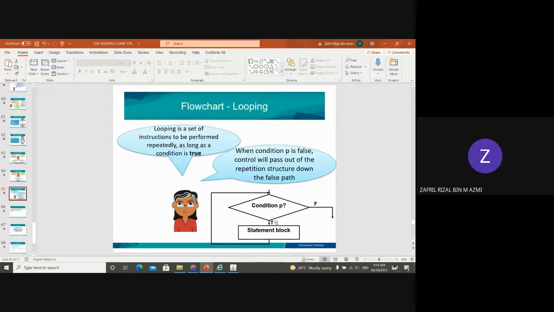It must be two. You cannot have one, because it will become an infinite loop. If you have only one, let's say you forget to put the false arrow, what will happen to your program? It will be trapped in the infinite loop and never stop. So if you have a diamond symbol, make sure you have two arrows coming out from it.